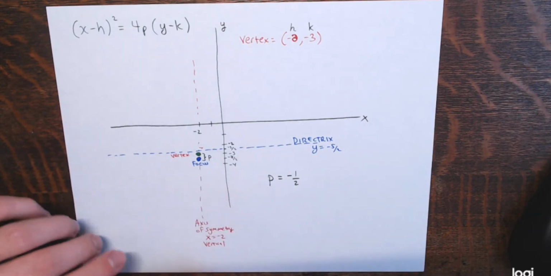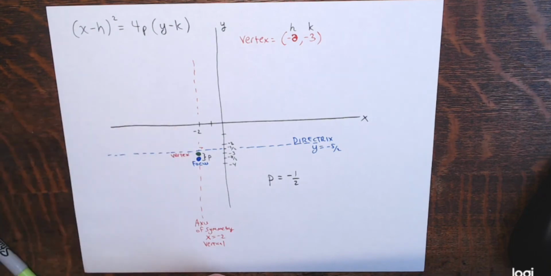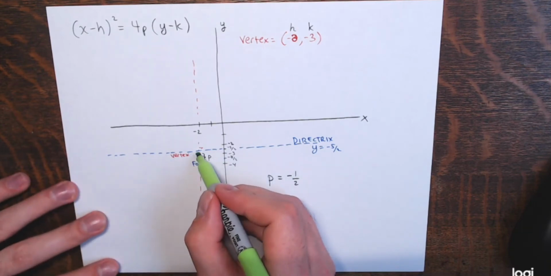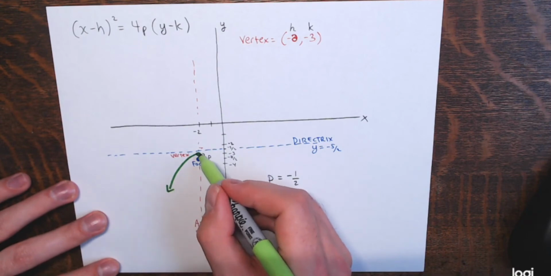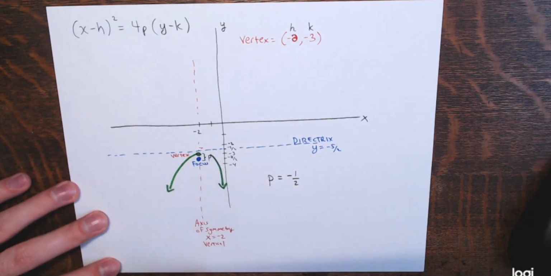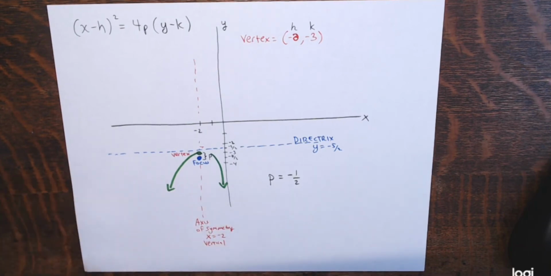If it were above the vertex and the parabola were opening up, then the value of p would be positive. But the parabola has got to be opening down like this. I'm not going to find those latus rectum points here. We'll do that in later examples. But p's got to be negative.